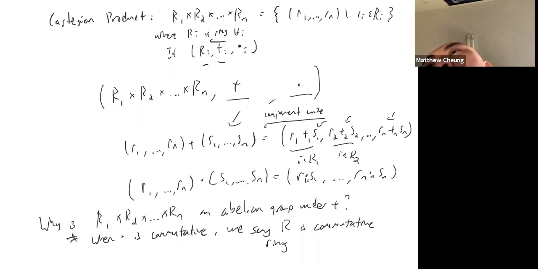If it's times, we normally don't say abelian ring. The standard language is commutative for a ring, because you don't want to confuse it; abelian we tend to think of as just for groups. With that in mind, let's continue.